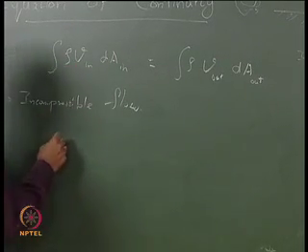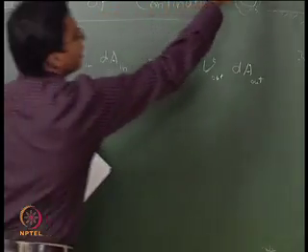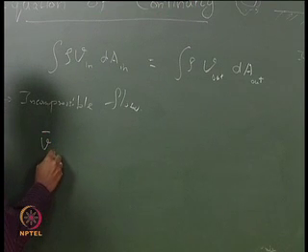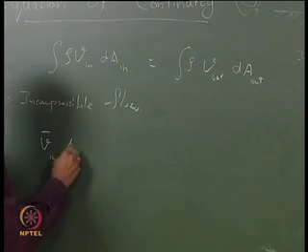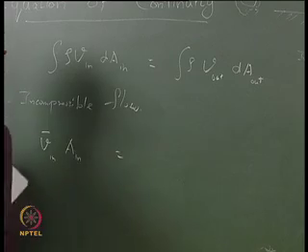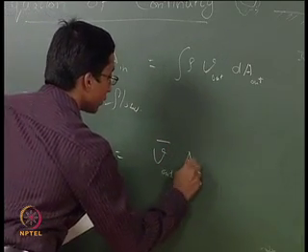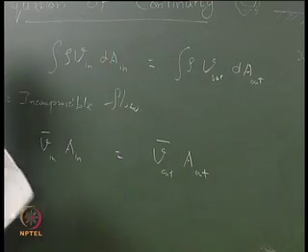If you are taking average velocity for the cross sections, you can suggest that V bar in into area of inlet is equal to V bar out into area of outlet.